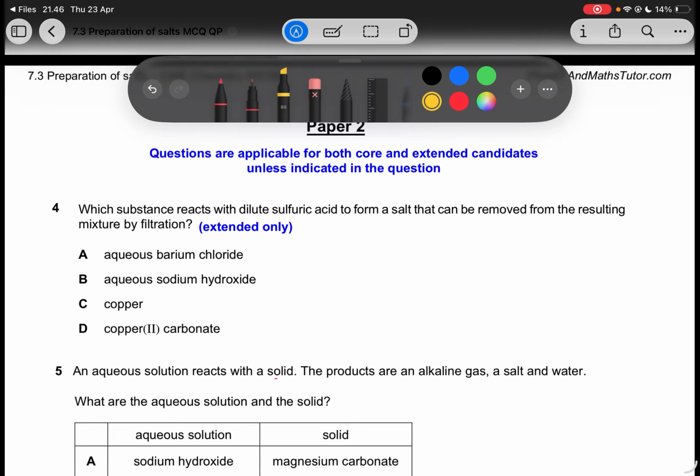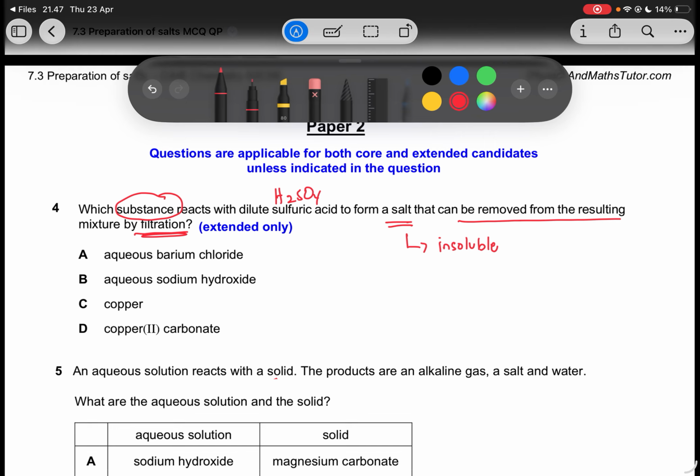Question number 4. Which substance reacts with dilute sulfuric acid to form a salt? So we're looking for a substance that, when it reacts with H2SO4, will create a salt. And that salt should be able to be removed by filtration. When we are able to remove the salt by filtration, it means our salt produced is insoluble.